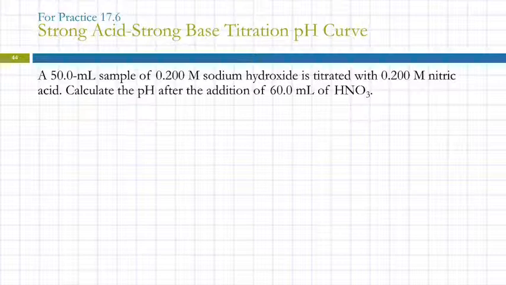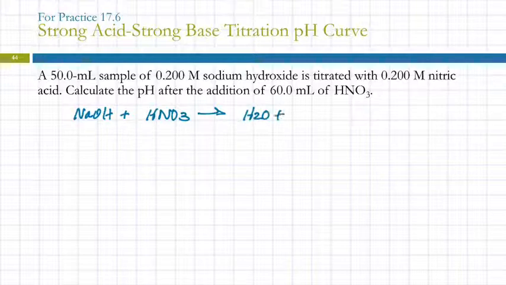Well, let's look at our chemical reaction here. We've got sodium hydroxide plus nitric acid. We can predict the products by swapping partners. We're going to get H2O and sodium nitrate. We balance that. It's already balanced. It's a 1-to-1 mole ratio. We need to know that.